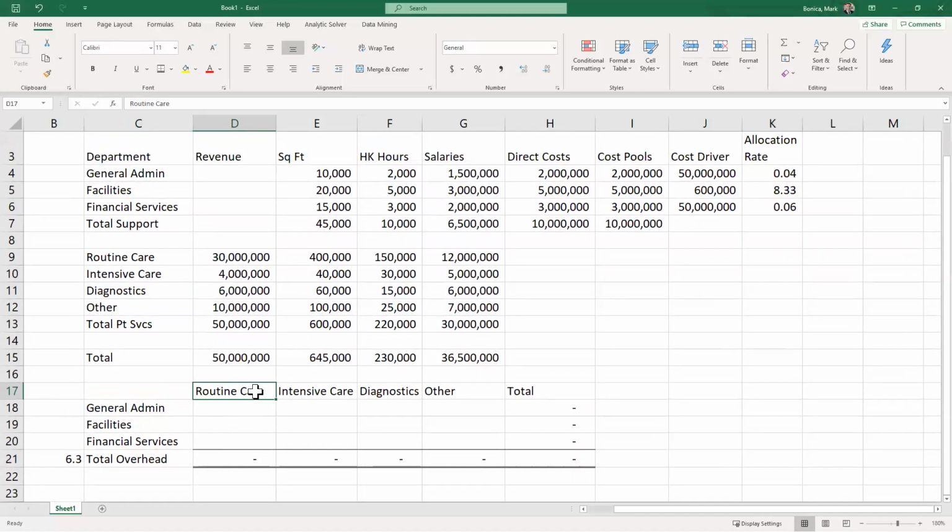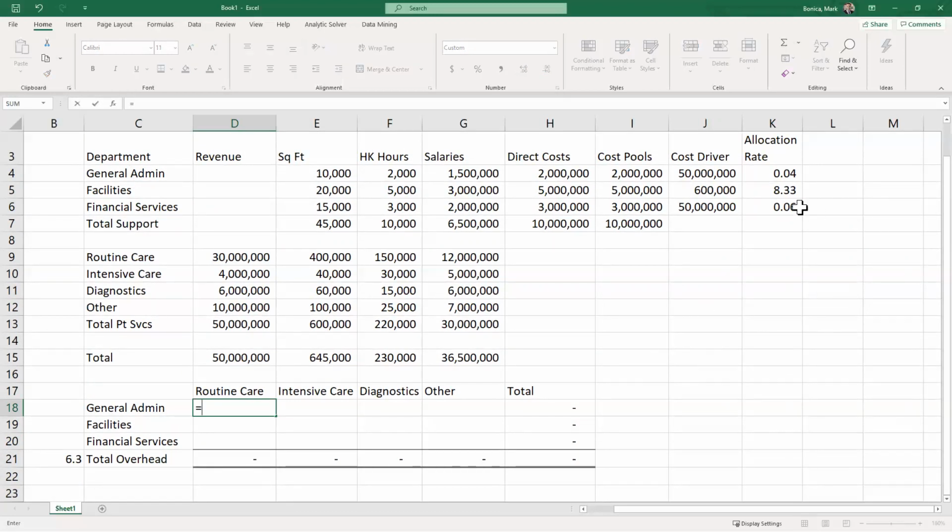So what we're going to do is allocate my general administration, facilities, and financial services for routine care, and then I'm going to do the same for each of the supported departments. I'm going to have a column for each of them. So how much general administration expense goes to the routine care department?